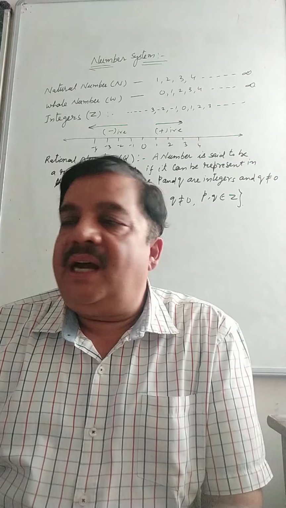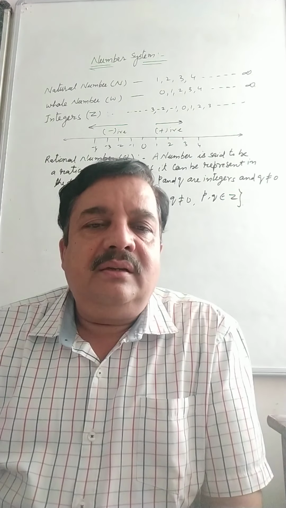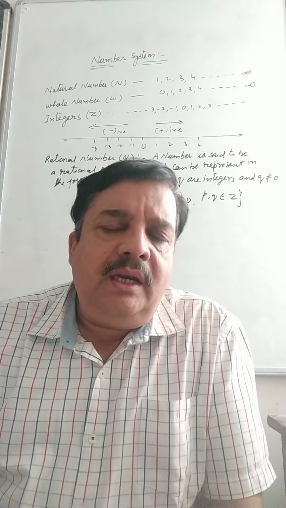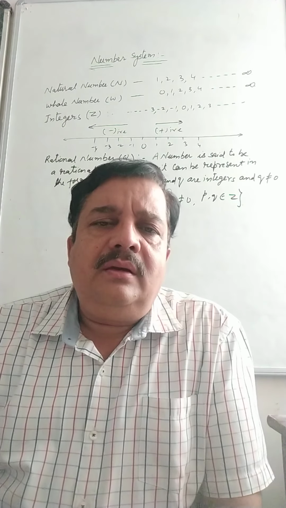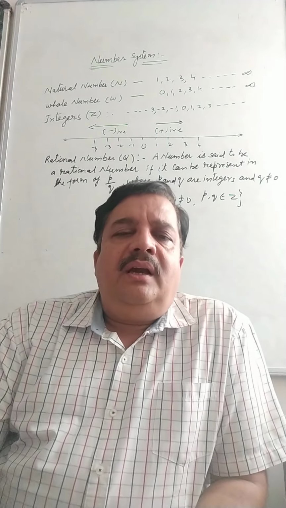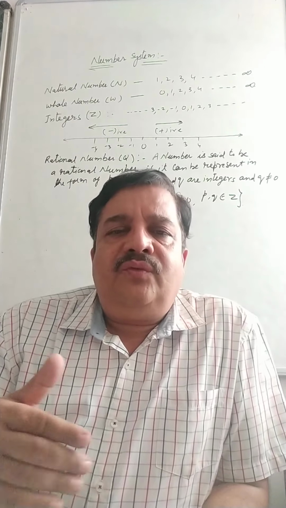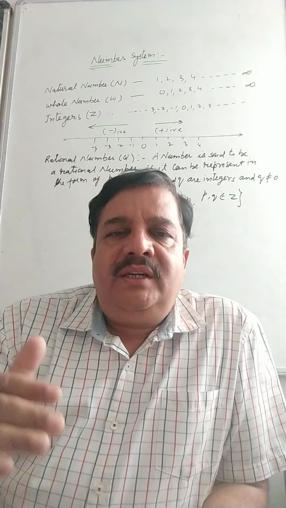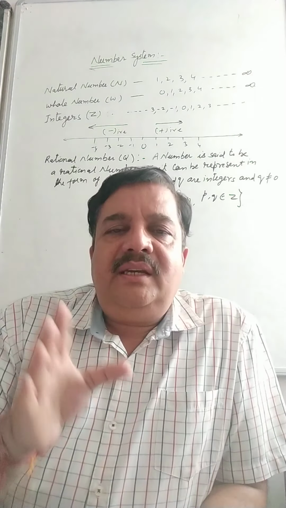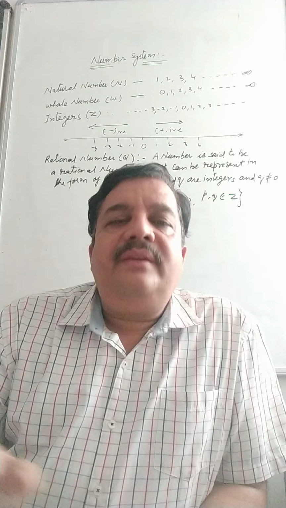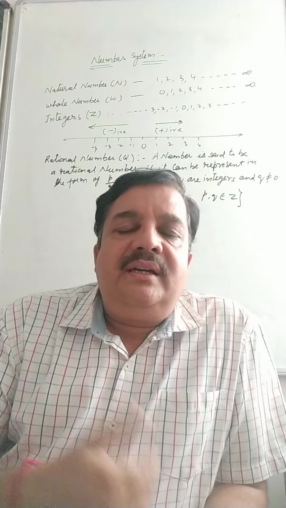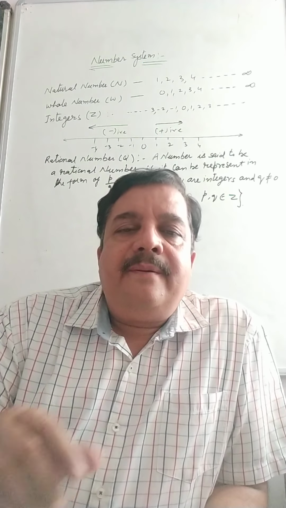We'll start with the first chapter, that is number system. In number system, we'll go step by step. First of all we start with natural numbers, then whole numbers, then integers, and then comes rational numbers and irrational numbers.